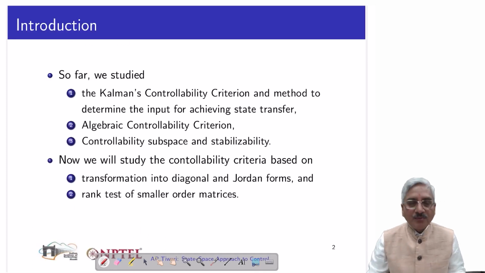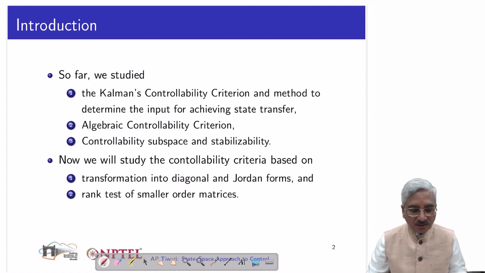So far we have studied the Kalman's controllability criterion and the method to determine the input for achieving the required state transfer. We have discussed the algebraic controllability criterion, in which we tested the rank of one n by n matrix, and thereafter we discussed controllability subspace and stabilizability.